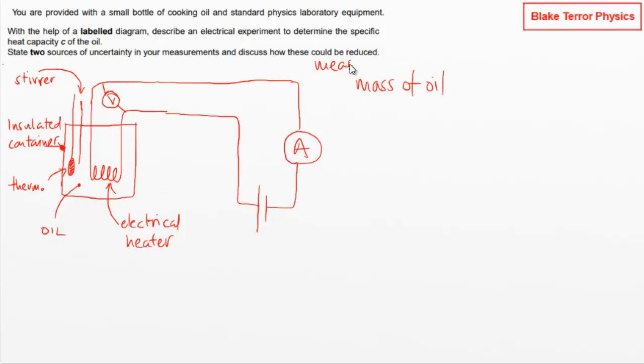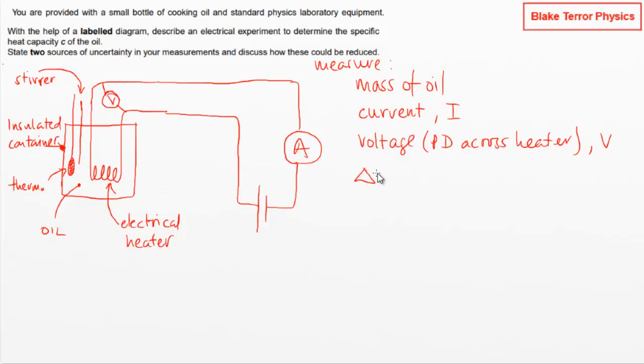But yeah, we're saying measure mass of oil, the current, which we'll call I, the voltage, or more to the point, the PD across heater, which we will call V. We need to measure the change in the temperature. So that is final temperature minus the starting temperature.